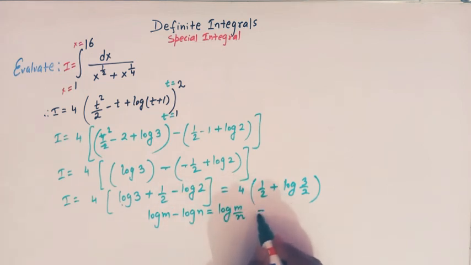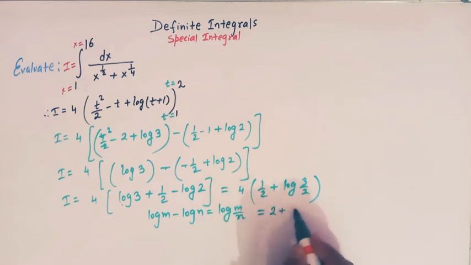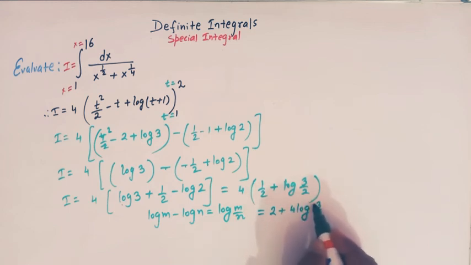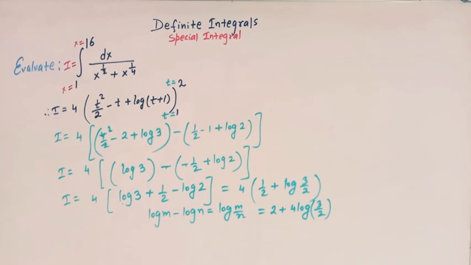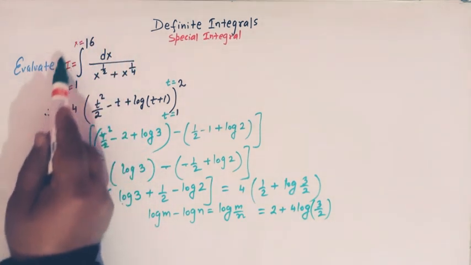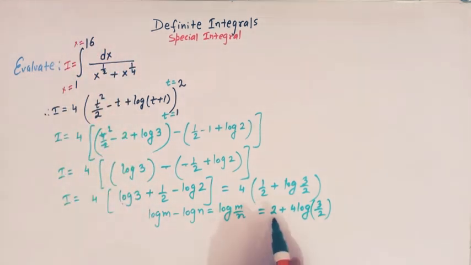If we multiply these two terms by 4, we have 2 plus 4 times log of 3 over 2. So viewers, the value of this integral is given by 2 plus 4 times log of 3 over 2.